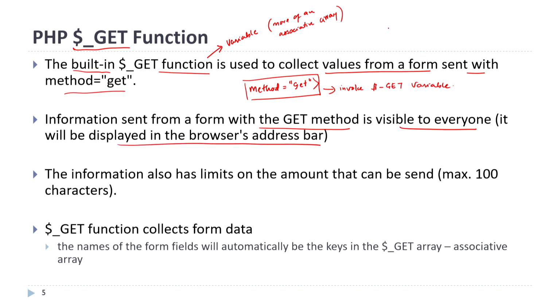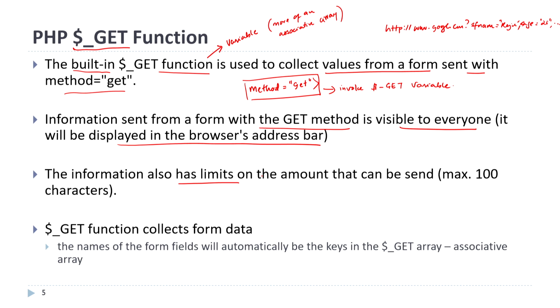So, if you write something, it will show in the address, http://www.google.com, and then each variable name: fname equals Raju, age equals 25, and like this you will see that. So, whatever value you type in the HTML form will be visible to everyone in the browser's address bar. It has a disadvantage because if you use a password and other things, that will also be made visible. Plus there is another disadvantage.